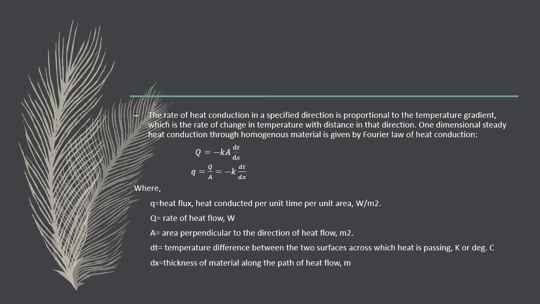Capital A is area perpendicular to the direction of heat flow. dT represents the temperature difference between the two surfaces across which heat is passing, and dx is thickness of material along the path of the heat flow.